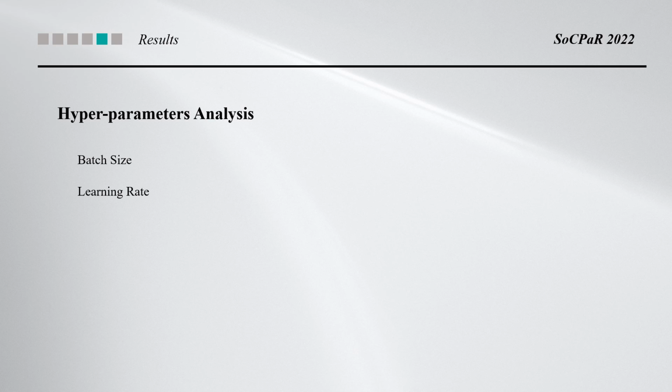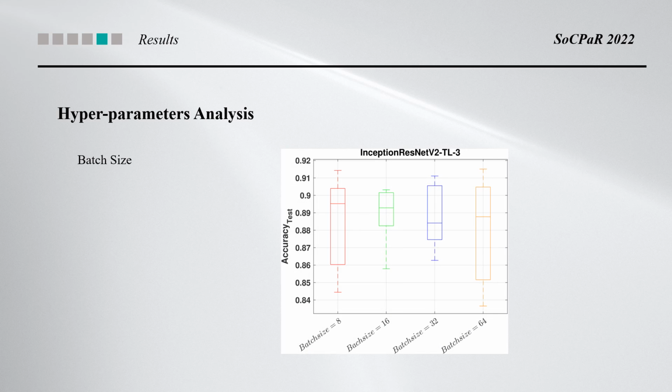Moreover, as hyperparameters play a significant role in improving the performance of a classifier, we consider the impact of batch size and learning rate in the best performing model. This figure shows the accuracy of the proposed model with 4 different batch sizes: 8, 16, 32, and 64.